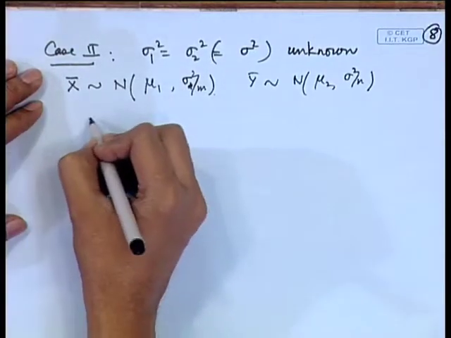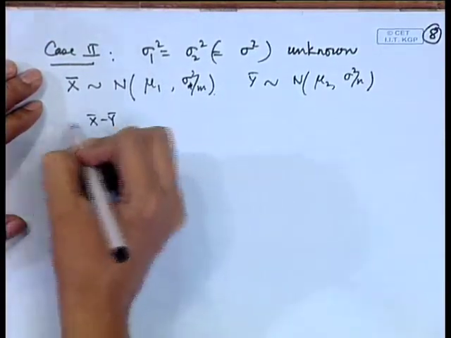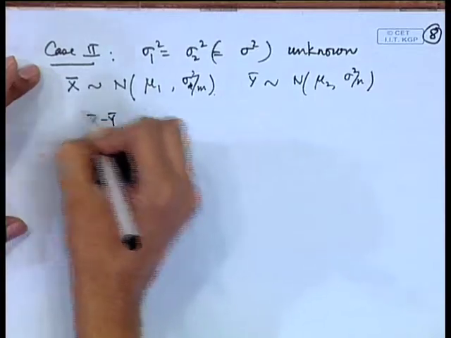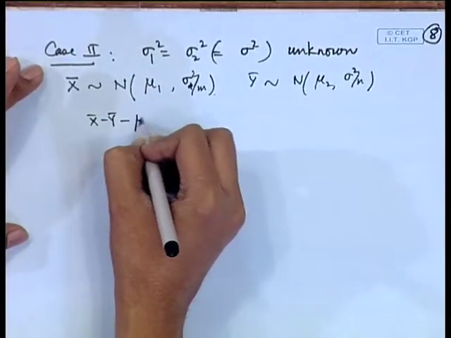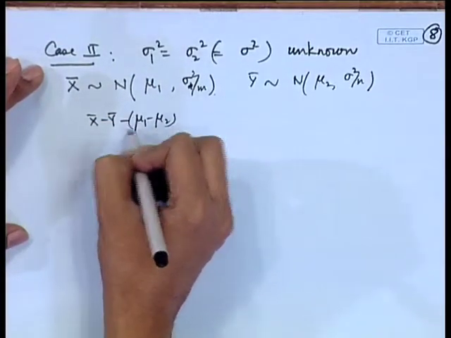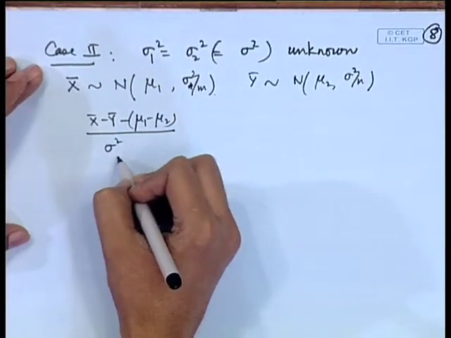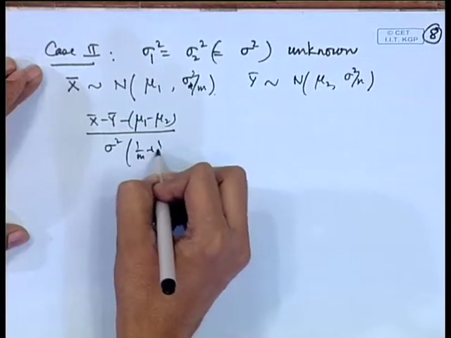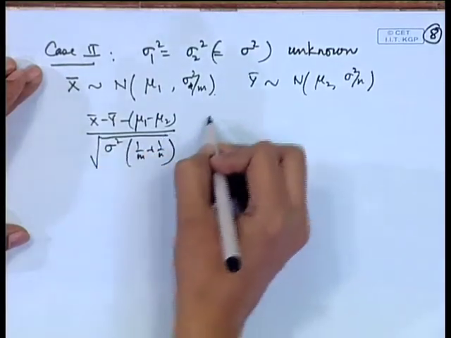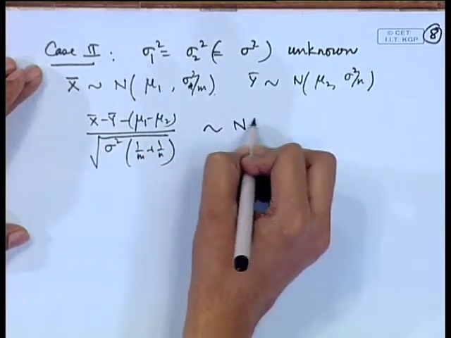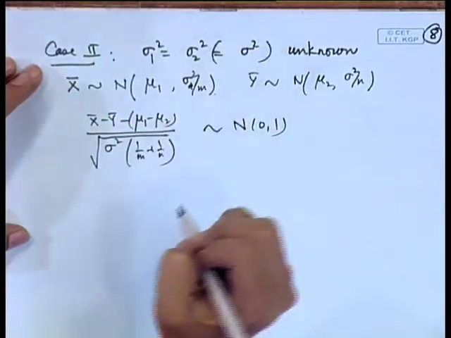So, here x bar minus y bar minus mu 1 minus mu 2, divided by sigma times square root of 1 by m plus 1 by n, follows normal 0, 1. Once again the independence is utilized here.